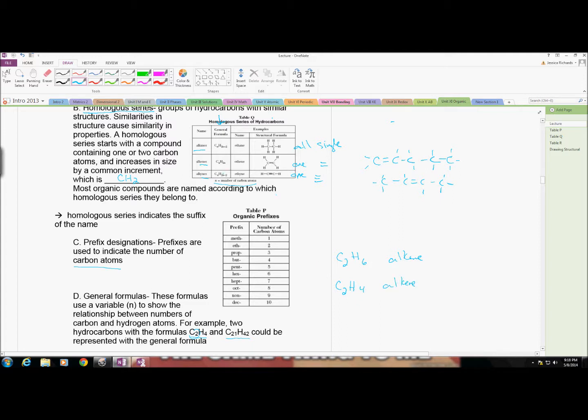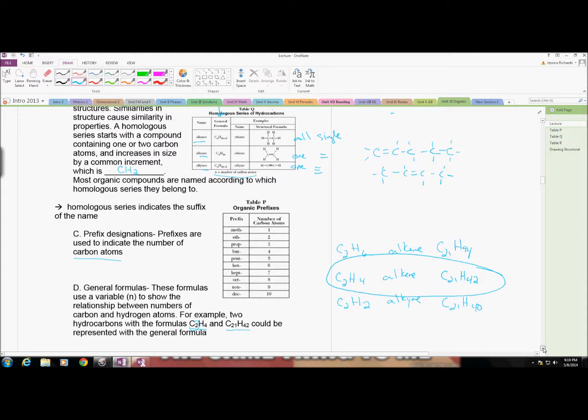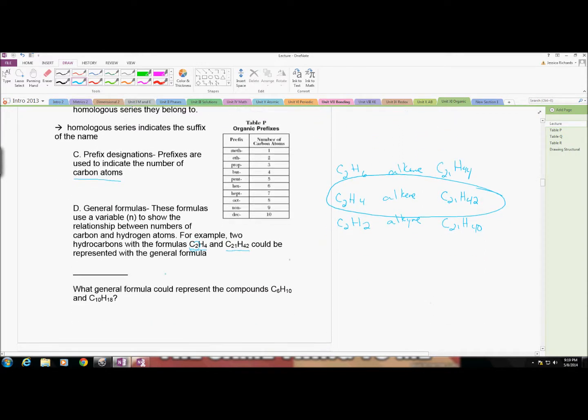And if it were an alkyne, it's C2, and 2n minus 2, so 4 minus 2 is 2. You can double check it by using the other one, plugging 21 in, so the only one that matches is this. They don't want to know, though, in this question whether it's an alkane, alkene, or alkyne. They want the general formula. The general formula would be CnH2n.